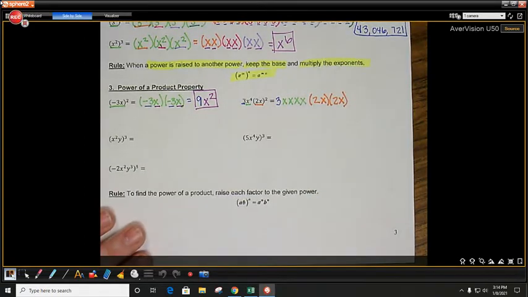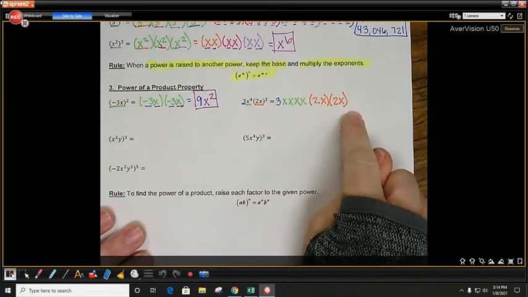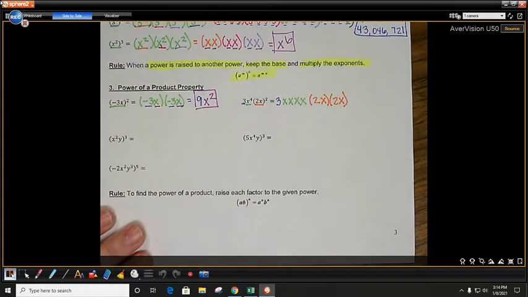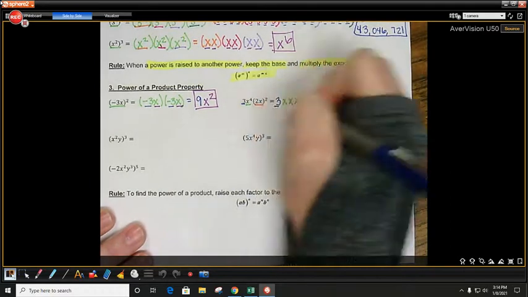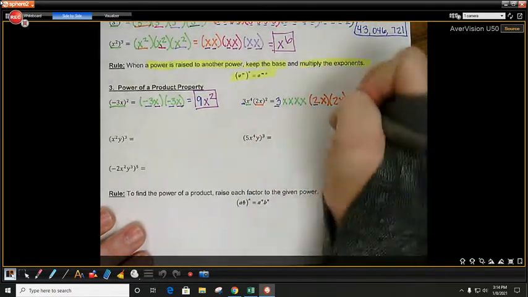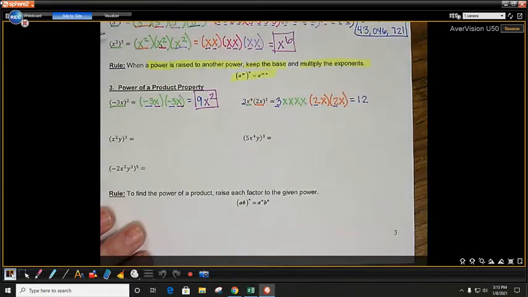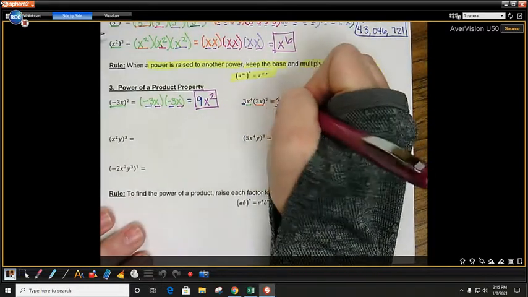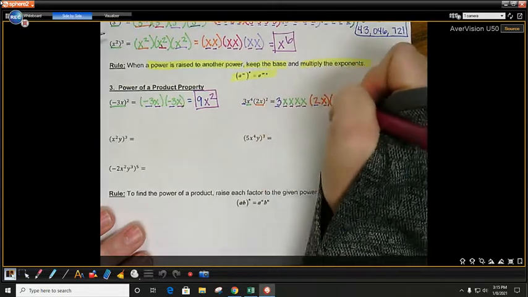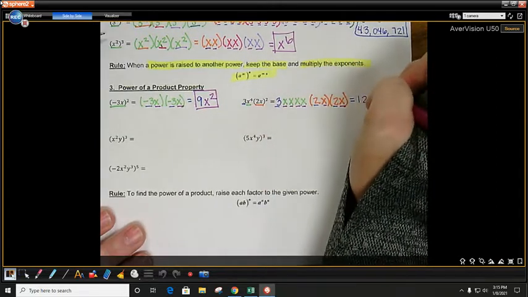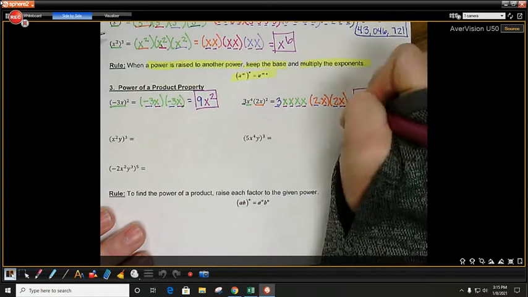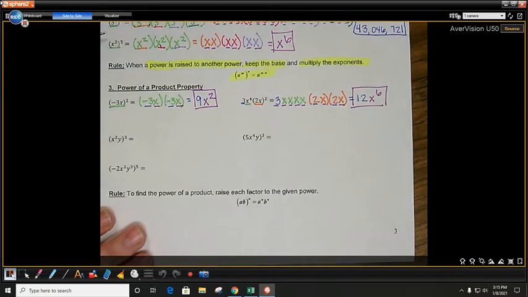I'm done expanding because now I have no exponents. So now I'm going to rearrange it and make it look nice and neat and combine my like bases. 3 times 2 is 6, times 2 is 12. Then I'm going to count up how many x's I have. 1, 2, 3, 4, 5, 6 total x's, so that becomes x to the 6th power. And there's my answer.